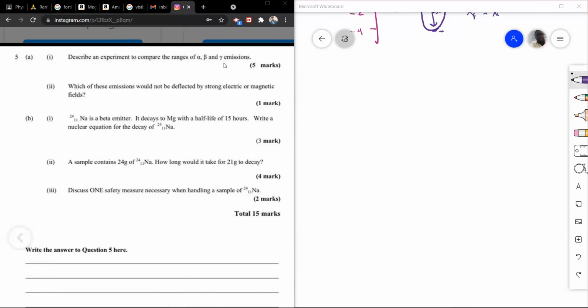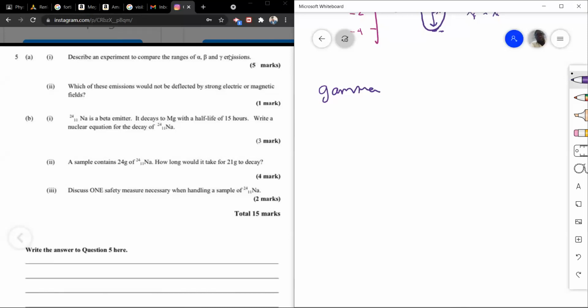Which of these emissions would not be deflected by a strong electric or magnetic field? Gamma. Why is that so? Somebody answer him now. Nobody is answering it. It said no charge in the chat. Sir, Rani will answer.